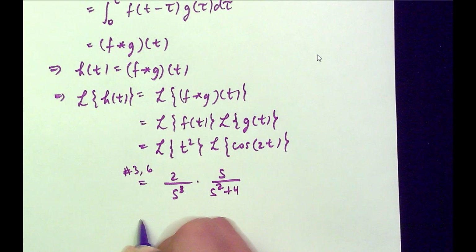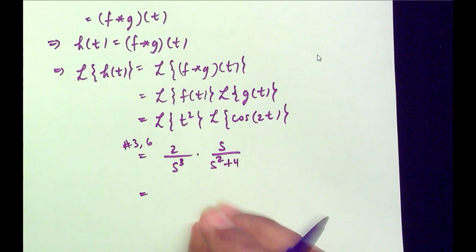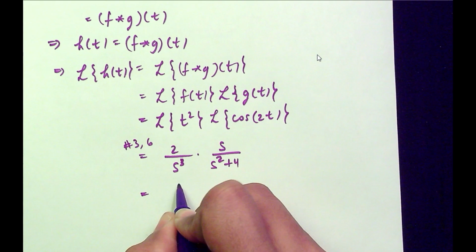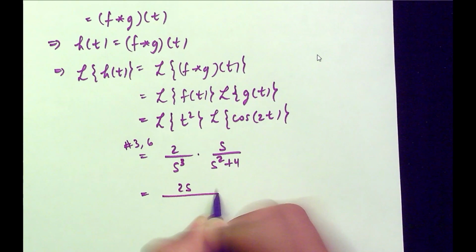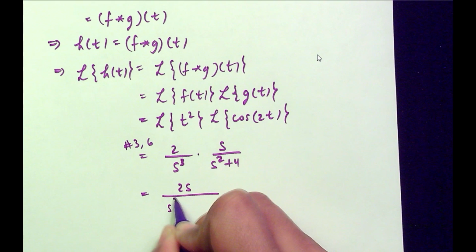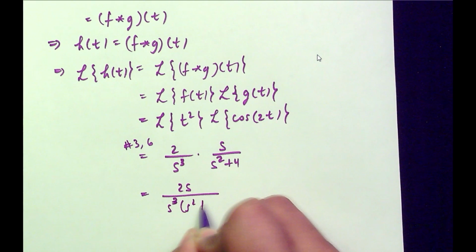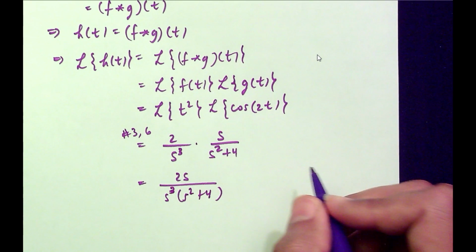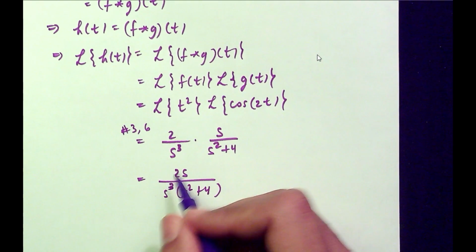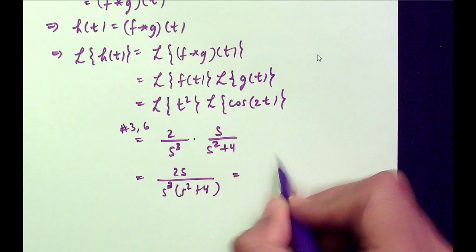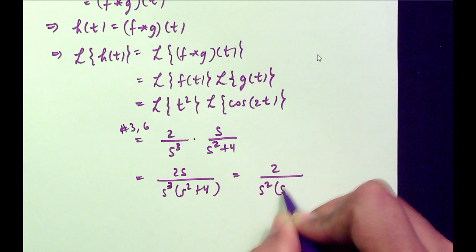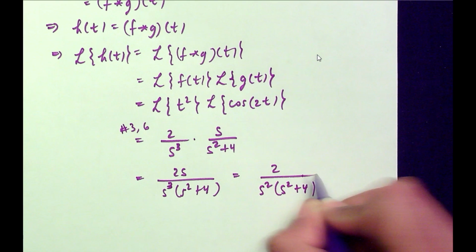Writing it as a single rational expression, you have 2s over s cubed times s squared plus 4, and you can cancel one s from the top and bottom, ending up with 2 over s squared times s squared plus 4.